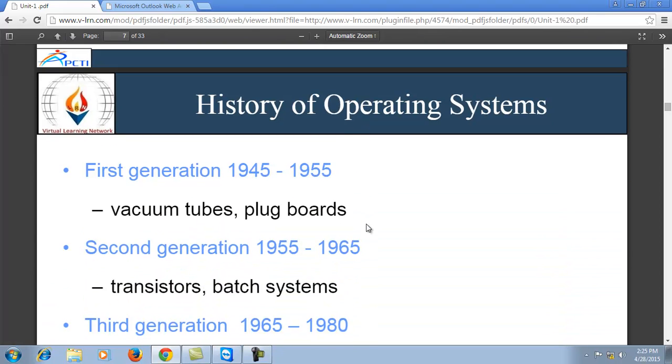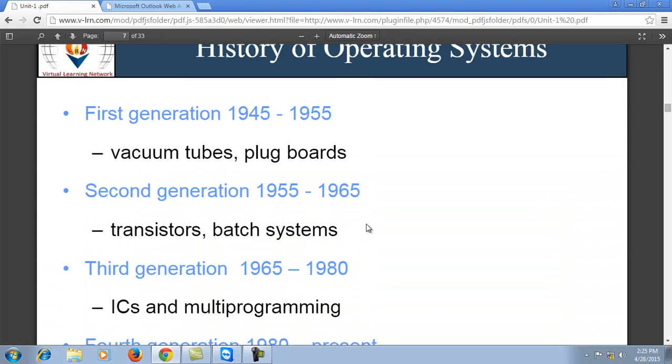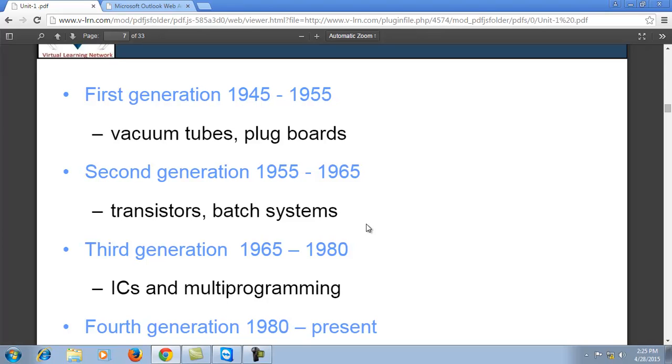History of operating system. Like we have the generations in computer system that comes 1945 to 1955. In that generation, we have large size vacuum tubes and very large size computer systems, which required a large space to install, and took so much time for starting the computer, and generated loads of heat.